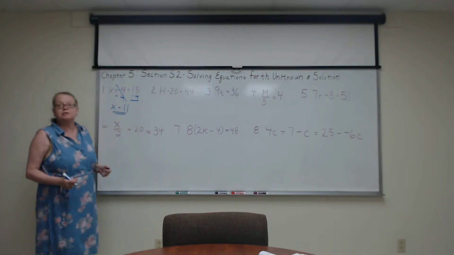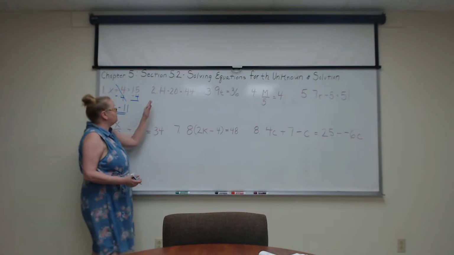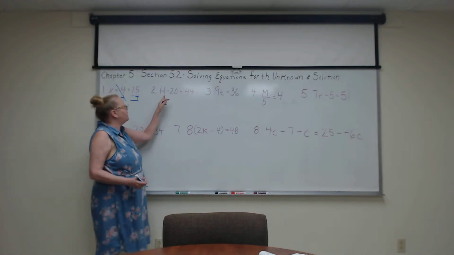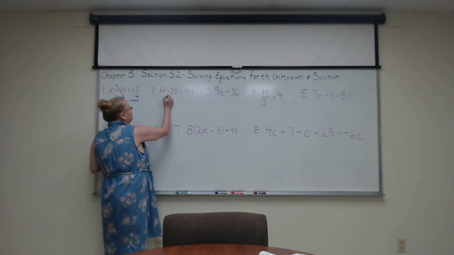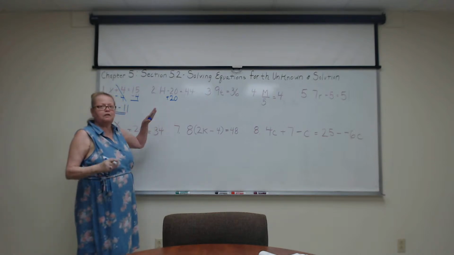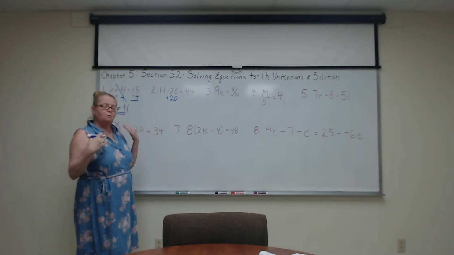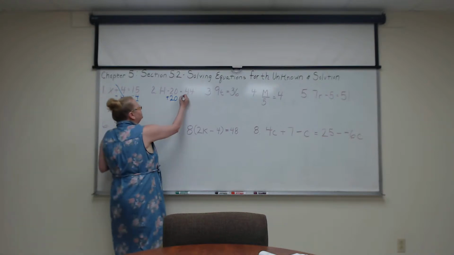What happens when it's subtraction? The steps that you follow remain the same. So if I look here, we have h minus 20 equals 44. So let's go ahead and do the inverse operation. We want to get rid of that minus 20. If we're subtracting, we know the inverse operation is to add, so we're going to add 20 here.